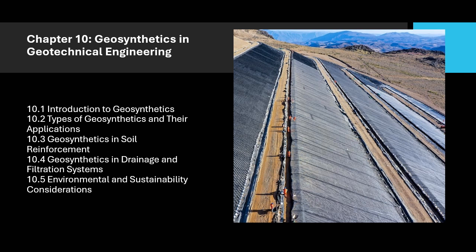Applications. Geotextiles are used in various drainage applications such as road subbases, embankment stabilization, and landfill drainage. They are also used in French drains, drainage pipes, and surface water control.